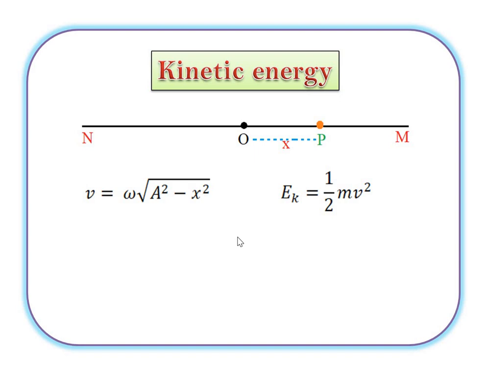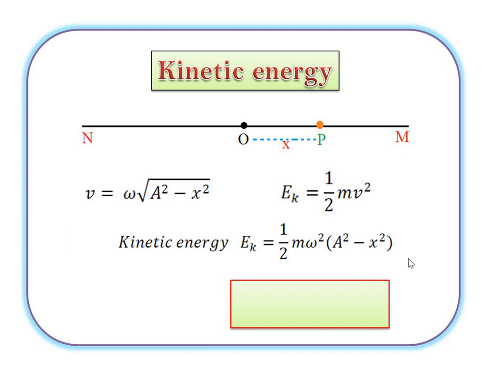Kinetic energy has the formula half m v square. Putting the square of this v term in this equation, we get E k equals half m omega square into the bracket a square minus x square.